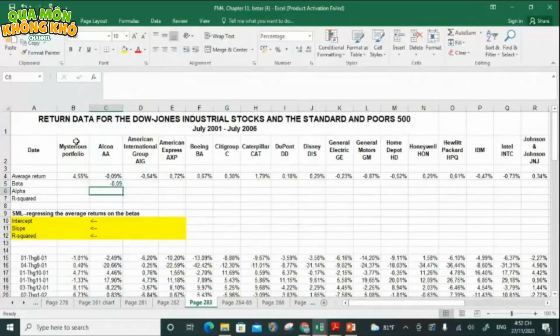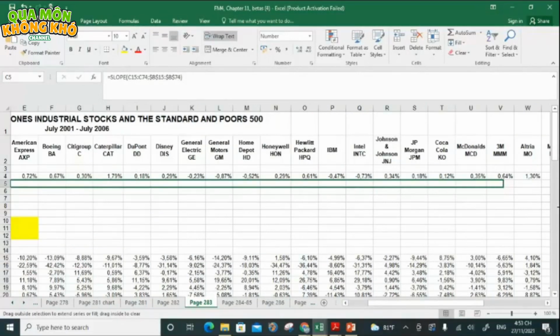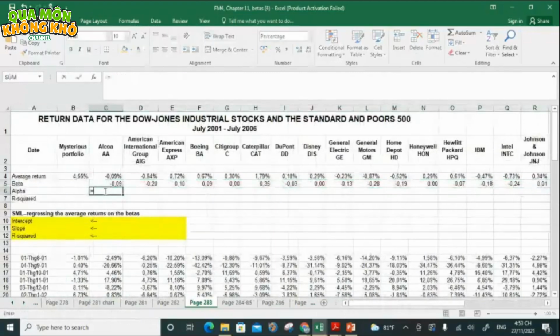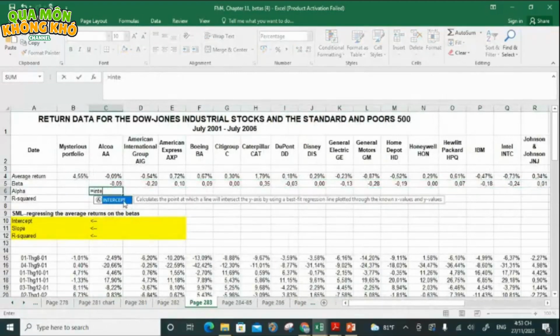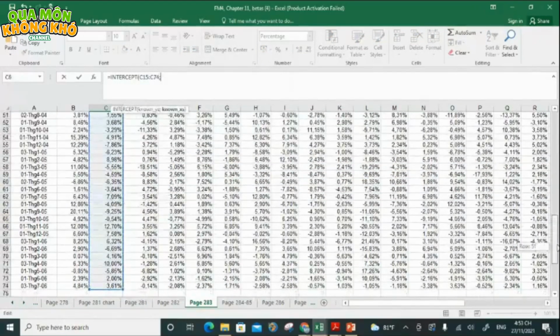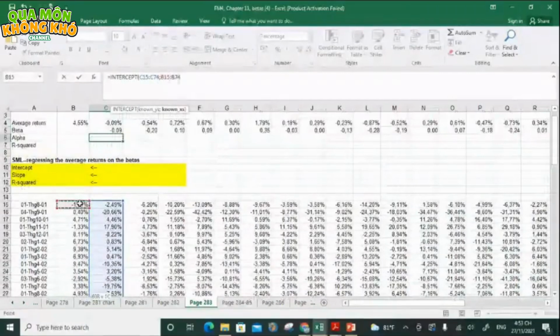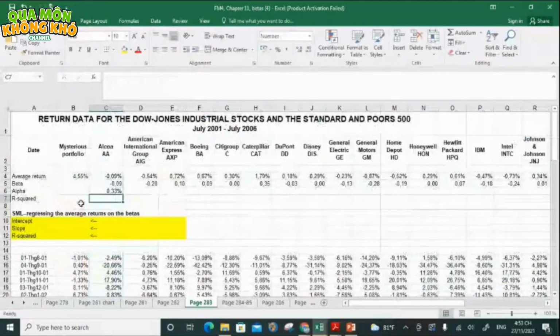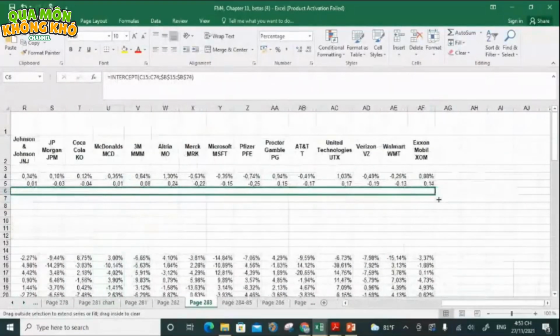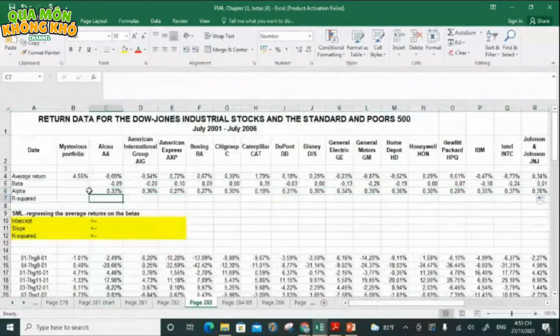At the beginning we had the S&P 500 index here, but now we replace it with the mysterious portfolio, and we have another beta. Similarly, we calculate the intercept and fix it. And here is the R square.